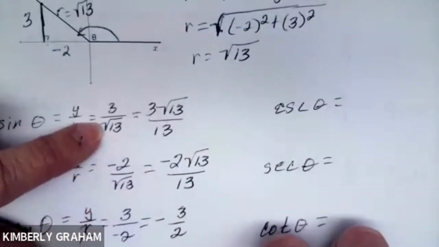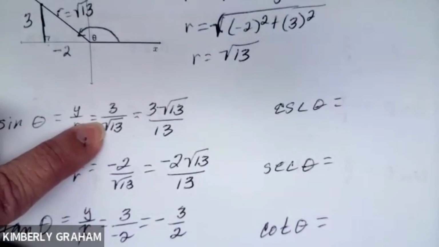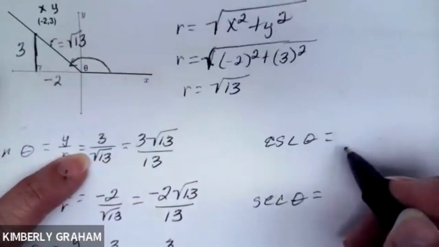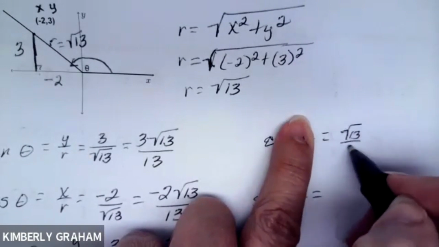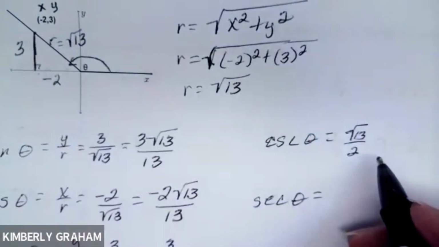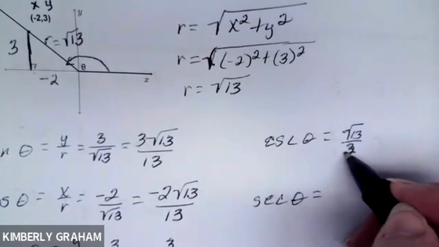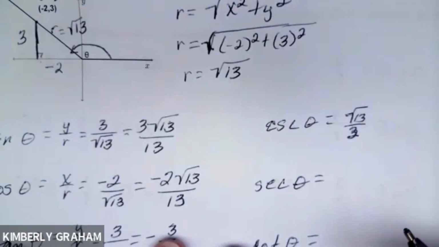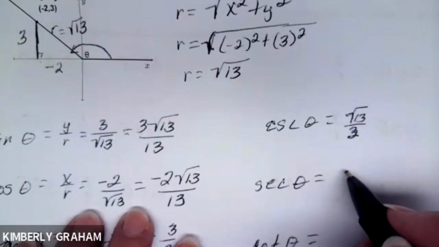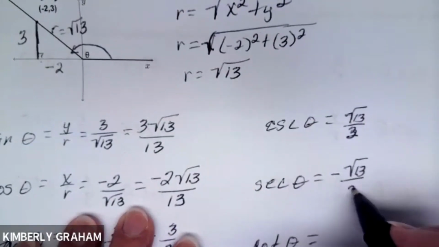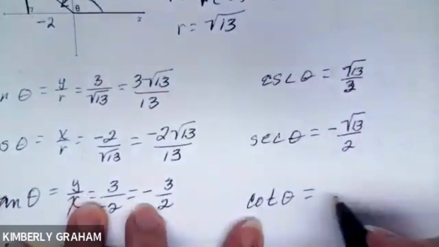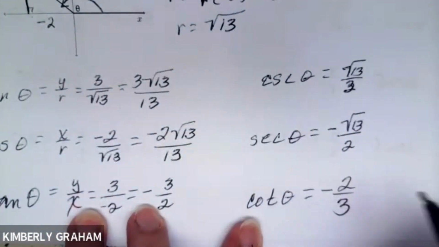I want to go back to this original ratio and use that. And then when I take the inverse, flip it upside down, it's in the form that I need it to be in. It's supposed to be a 3, not a 2. And this is going to be negative square root of 13 over 2, and then this would be -2/3.